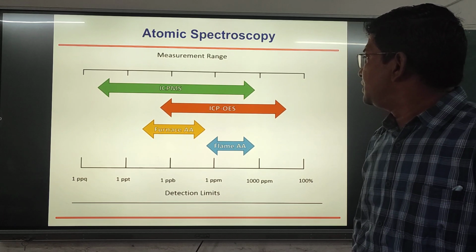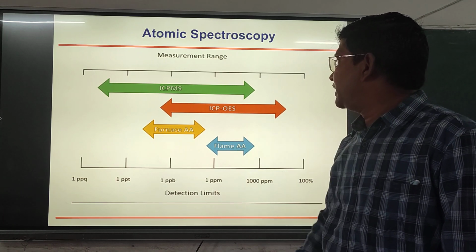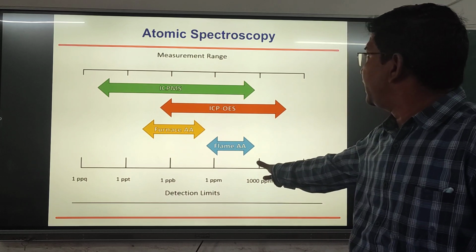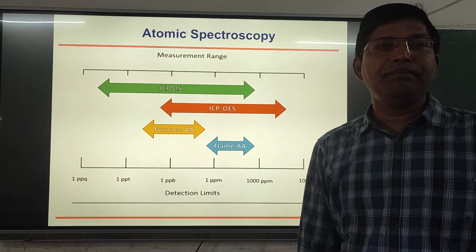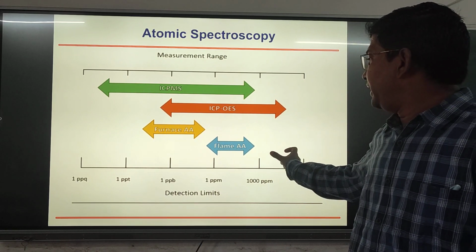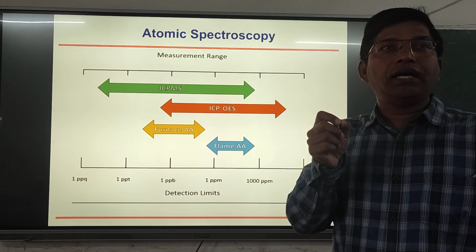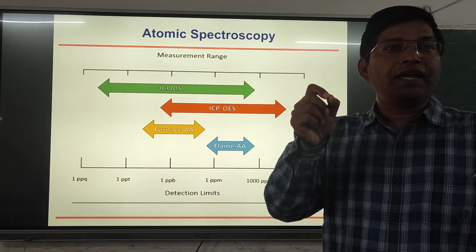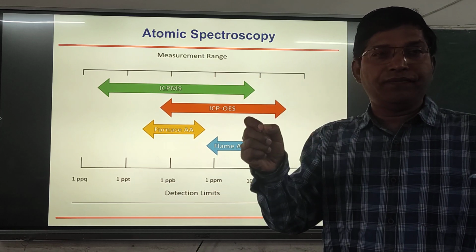We have already studied flame AES and furnace AES. So these are the measurement ranges for determination of an element present in a sample, and this is very important because the presence of an element in different samples is different.